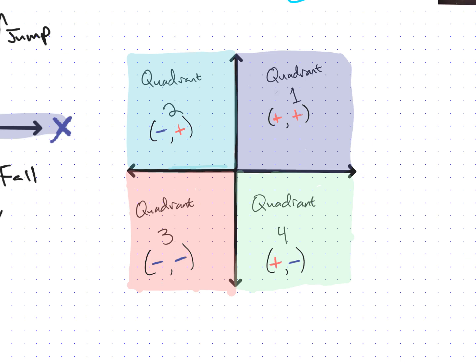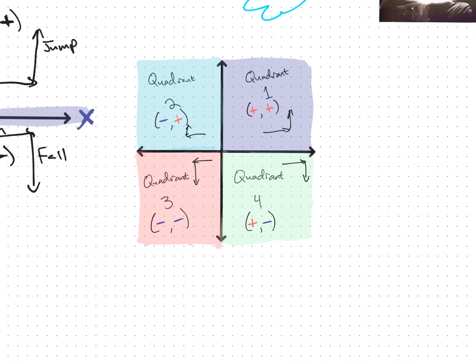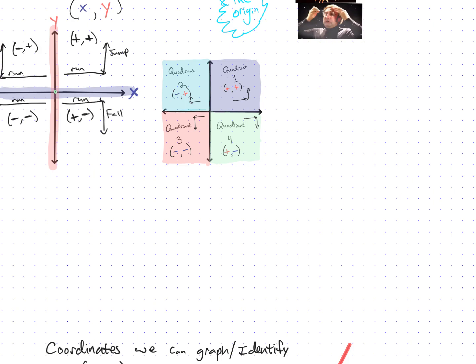This is very easy to remember, and if you want to jot down little side notes like run before you jump, run before you jump, run and then fall, run and then fall, that helps just as much as this. But understanding quadrants 1, 2, 3, 4, which one is which, is very important.